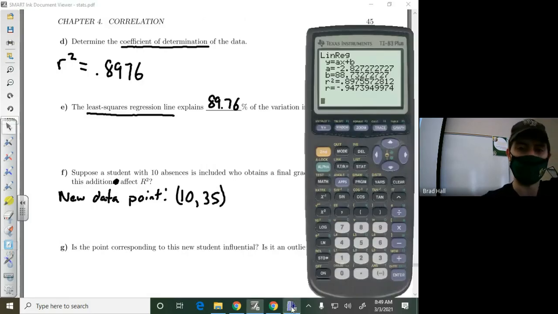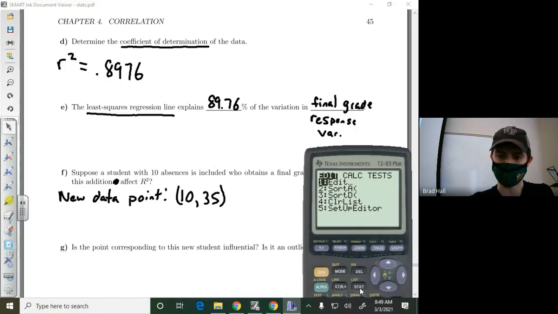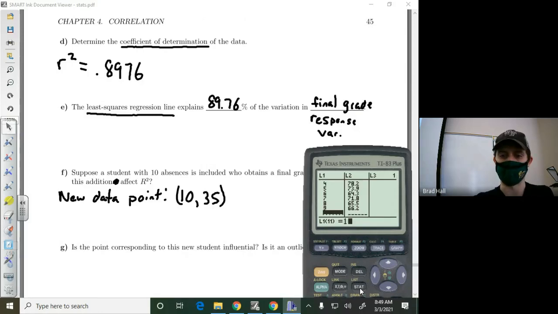So I'm going to pull up the calculator, go back to our list. So before it only stopped at 9, I'm going to throw in the new one. So for 10, we have a new grade of 35.